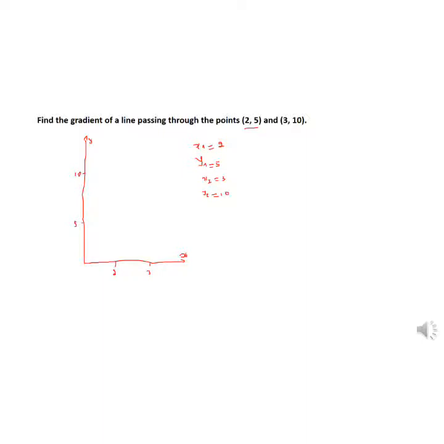So now let us start with the first point. If x is equal to 2, y is equal to 5, you have to find the point. This one. So now if x is equal to 3, we get the point y is equal to 10, like this.